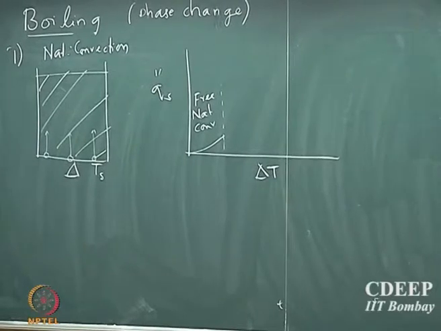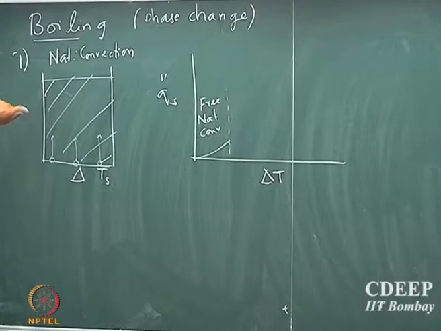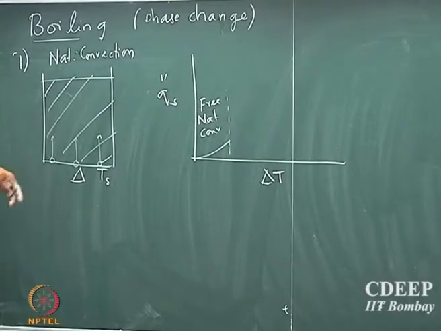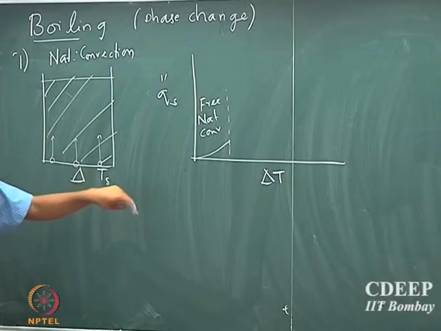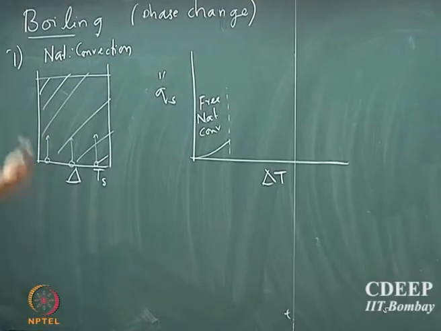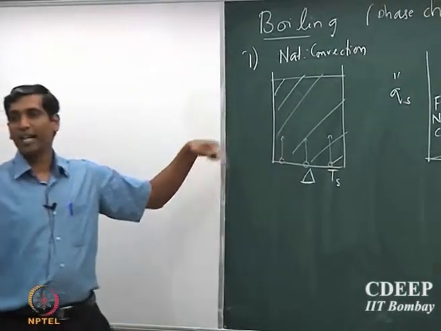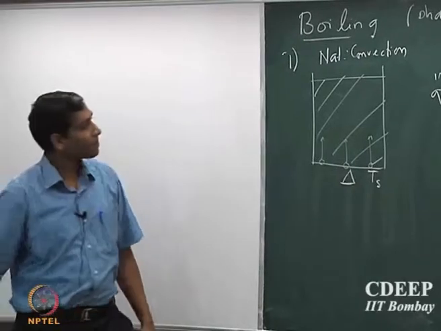So the dominant mode of heat transport here is simply natural convection, because of displacement of the fluid. Still the maximum contact of the surface to the fluid is the liquid phase. So the primary transport of heat is only between the solid surface and the liquid which is in contact with the surface.